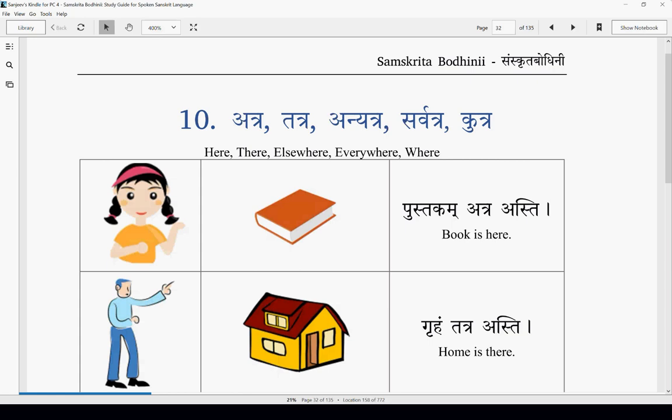When we are trying to use those words, it is confusing what gender it is, and it is confusing for some time. But over a period of time, when we practice, just like any other language, it will come to us. When you are saying gruham, it is a Napunsakalinga or a neuter word, etc.